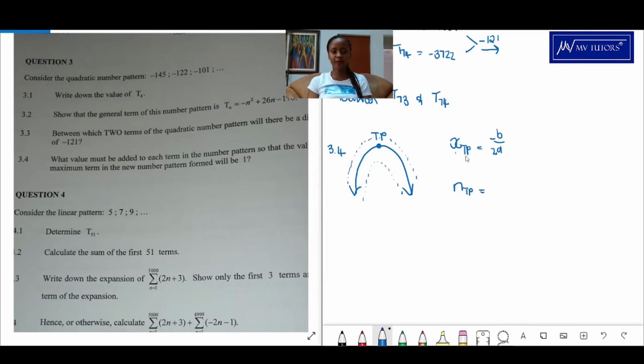Negative b in this case would be negative 26, because the value for b is 26, and 2 times a, a is negative 1. So negative 26 divided by negative 2 gives me 13. So I know the x value, it is 13, and I'm going to plug this number into the term formula so that I can see what T13 actually is.